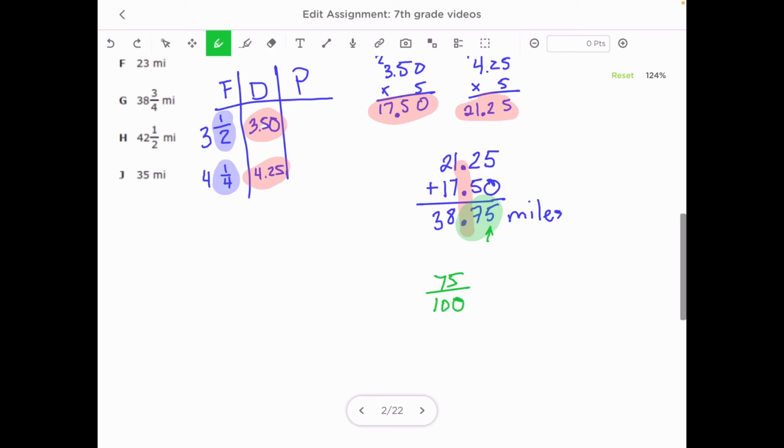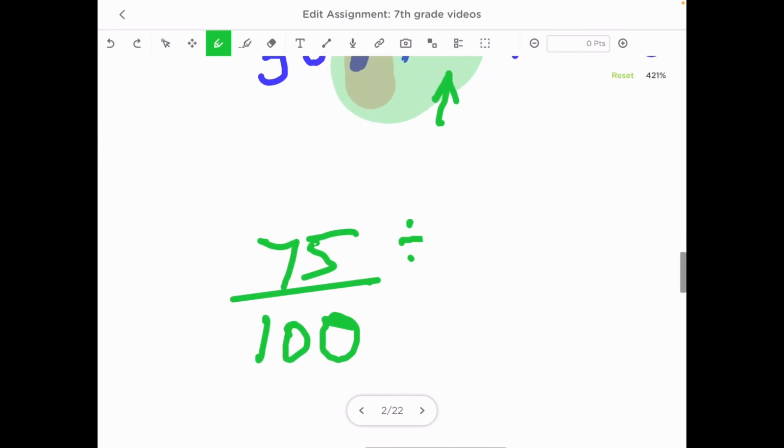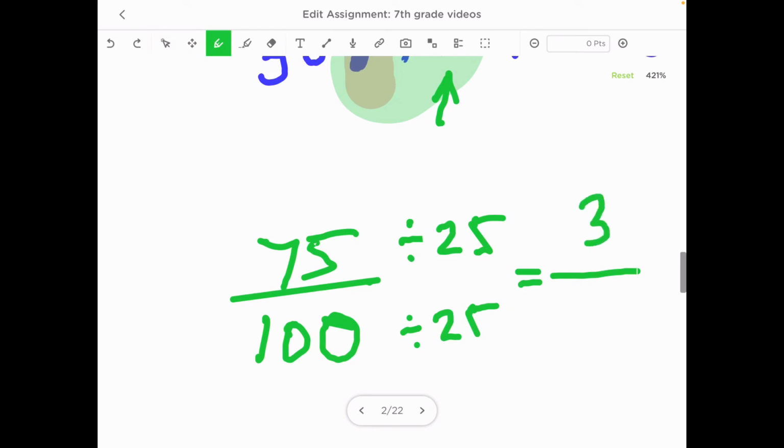Okay. And then I know that I can simplify this by 25. Both of them. So I'm going to divide this one by 25 as well. So 25 can go into 75 3 times. 25 can go into 100 4 times.